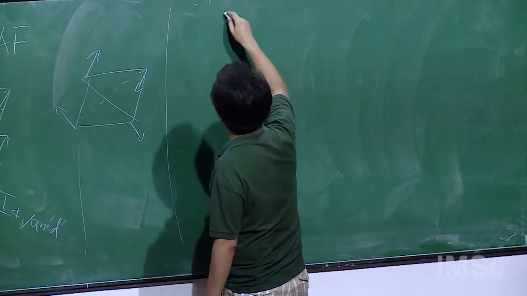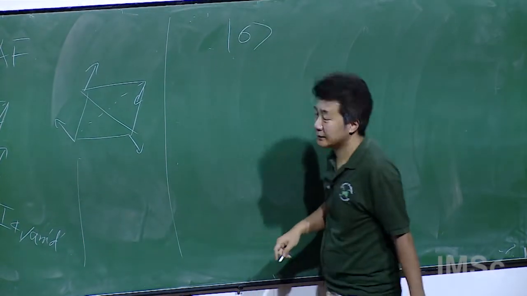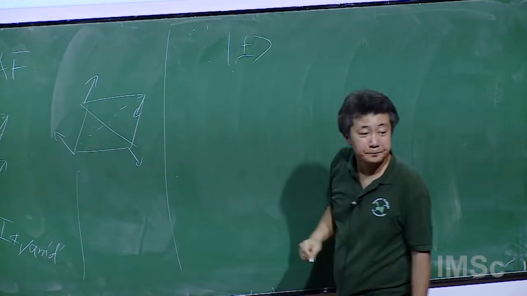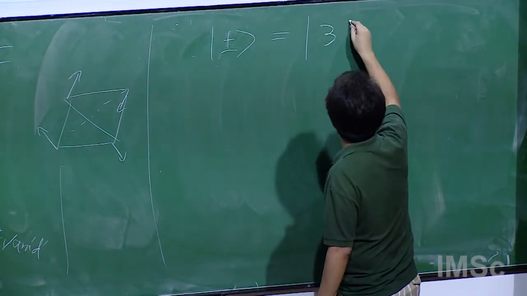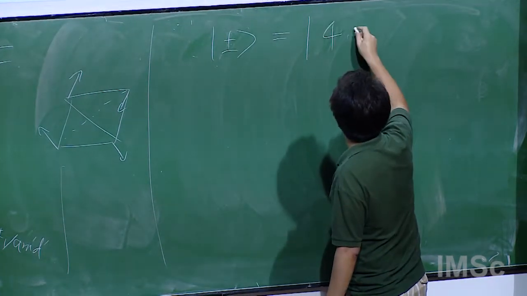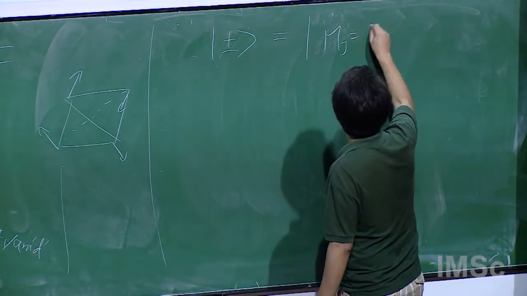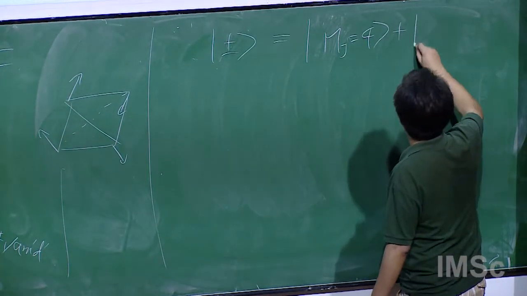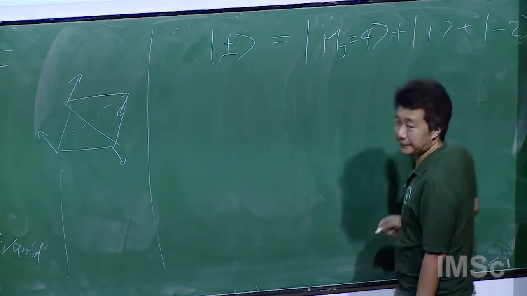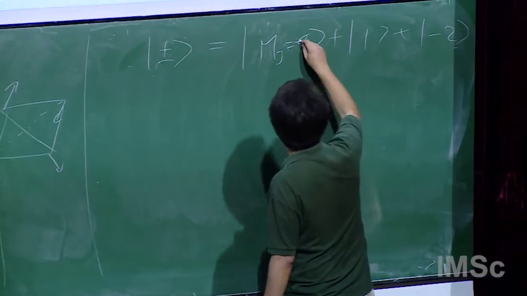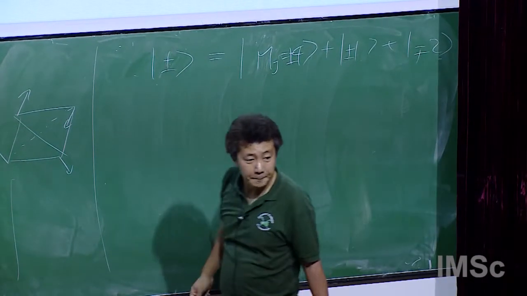But in this case, if we take the ground state doublet, which can be labeled by plus and minus, this could be, for instance, some linear combination of the states like mJ equal to 4, 1, and minus 2, with plus-minus and minus-plus signs.